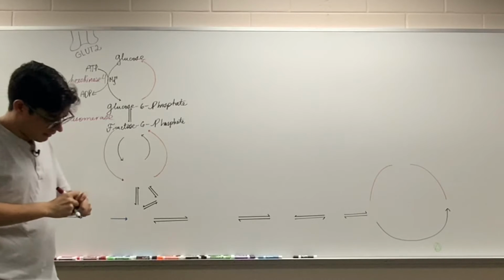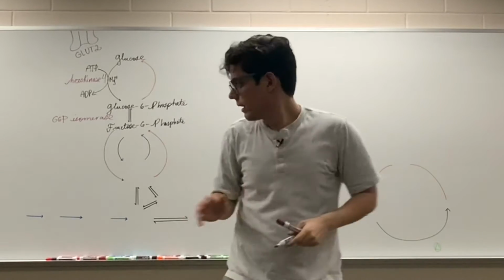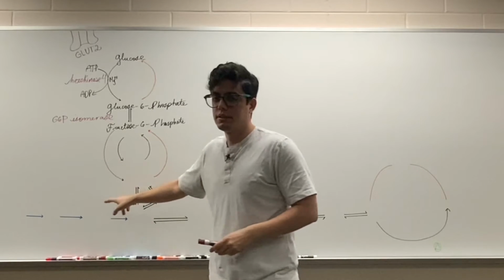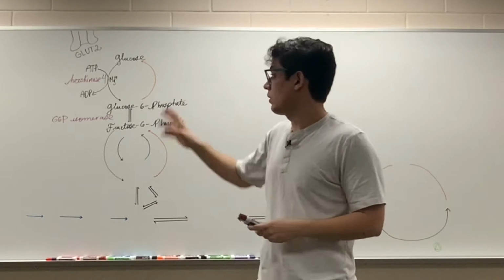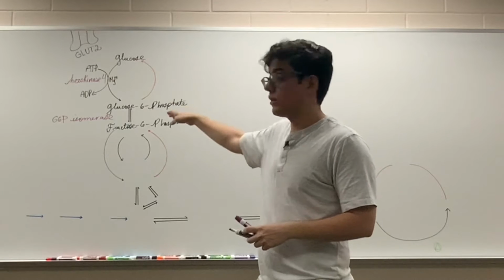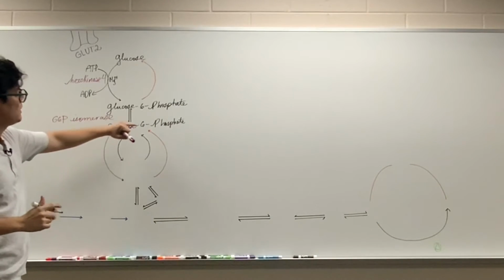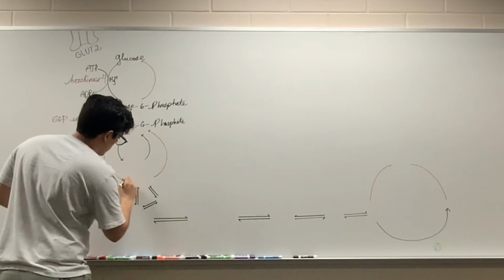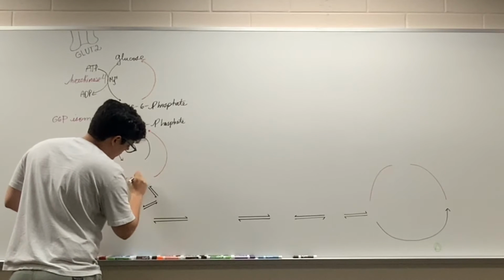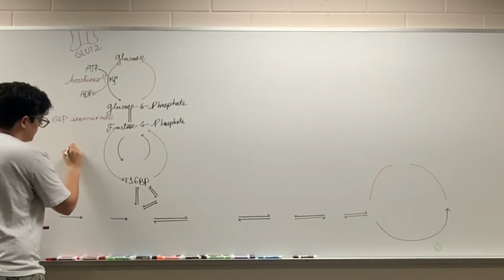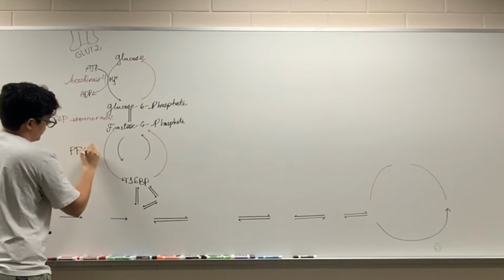And the logic behind this step, I want to wait a little bit when we come on here and on this step, so you can make the connection why the cell does this step in glycolysis. For now, fructose 6-phosphate will be transformed into fructose 1,6-bisphosphate through the enzyme phosphofructokinase 1.